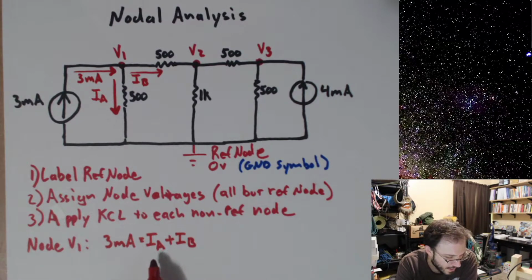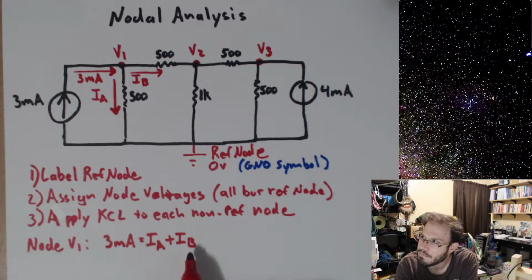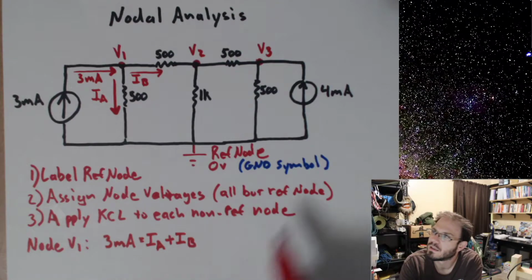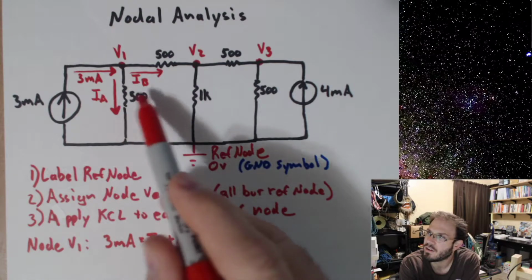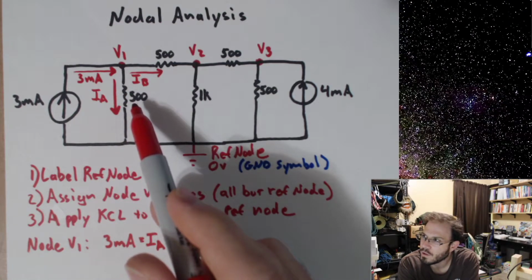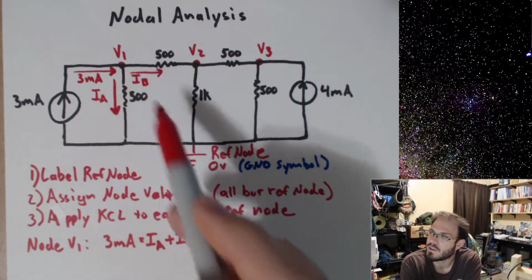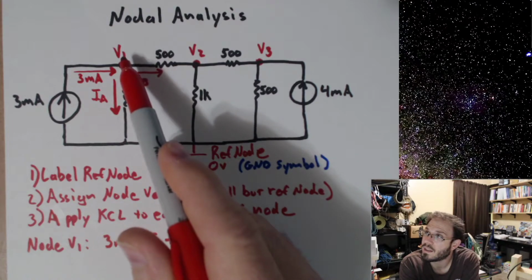Okay, but I don't want to leave my currents in just terms of IA and IB, so I want to express these currents given what I have here. Now notice I have 500 ohms. That's given. Do I have voltages? Yeah, I have labels for these voltages. I have 0 volts on one side. I have V1 on the other side.